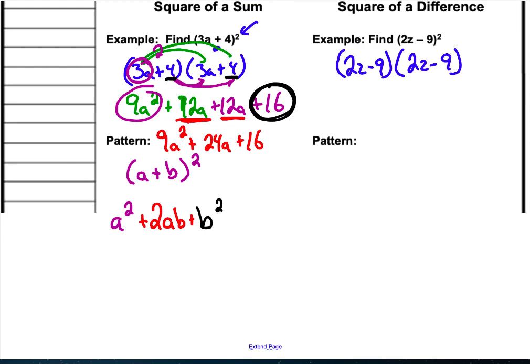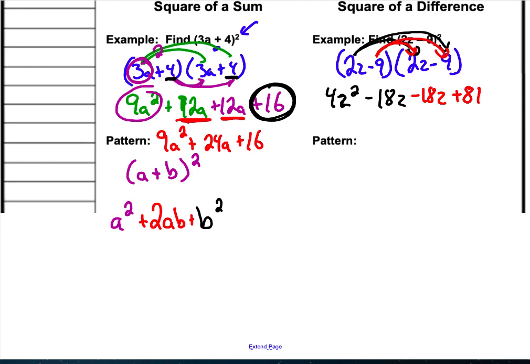So again, following our double distributive, 2z times 2z is 4z squared. Then I'm doing 2z times negative 9 is negative 18z. Then I'm doing negative 9 times 2z is negative 18z. And negative 9 times negative 9 is positive 81.